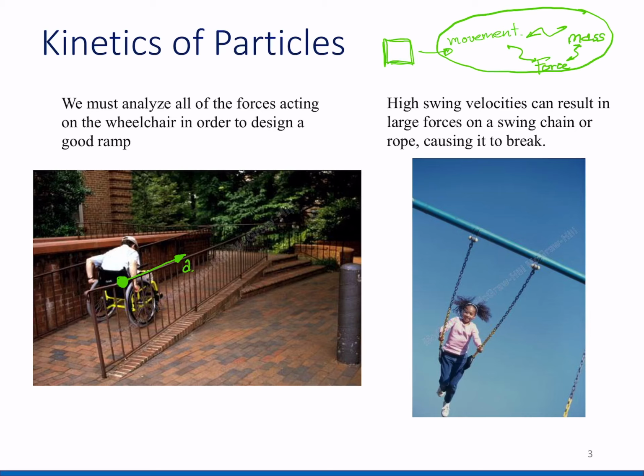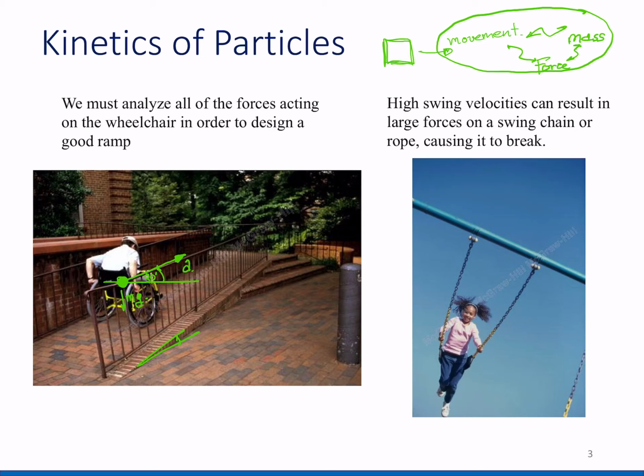Of course, you also have the angle of the ramp, for example 20 degrees, and then how much force you need to move up this ramp. This also correlates to the mass of this guy on the wheelchair, and how much force he puts by his hand on the wheels so that he can move up the ramp.